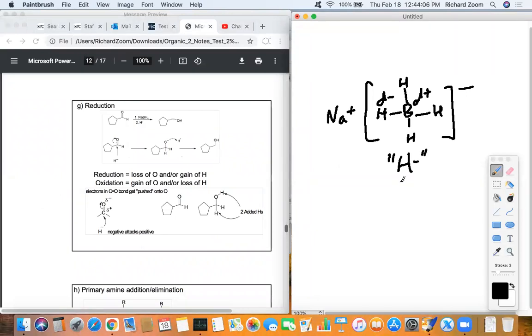So whenever I see NaBH4, I think of just H minus as being the reactant there.